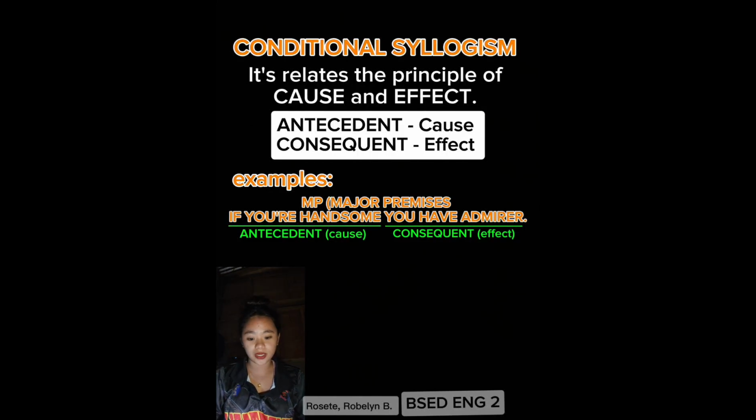That is our conditional syllogism, where the antecedent is the cause, while our consequence is the effect. In this example, the minor premise affirms the antecedent of the major premise, and the conclusion expresses the assertion of the consequent. I hope you understand the conditional.